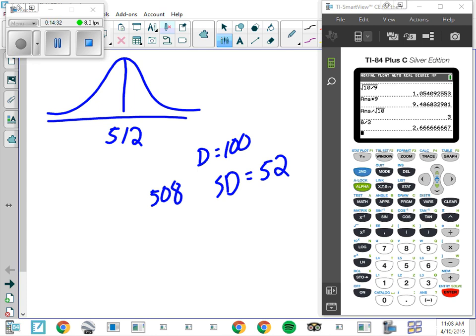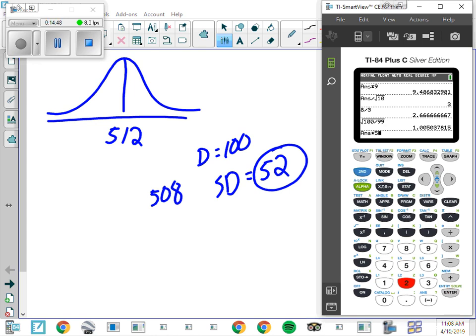No, because the square root of 100 divided by 99 ends up being less than 1%. So if I did an SD plus, I would make that just a little tiny bit bigger, and watch how small that is. Now it's 52.25, which is not much of a difference.